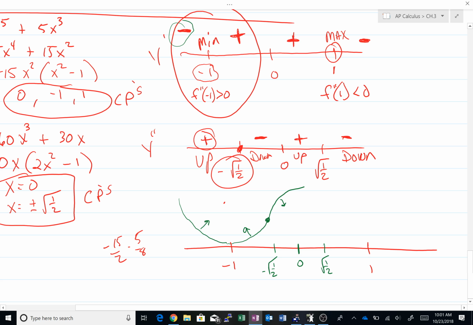I'm concave up. Let me make my points match up and give myself some more room. I'm running out of room here. There we go. All right, so let's come down here.